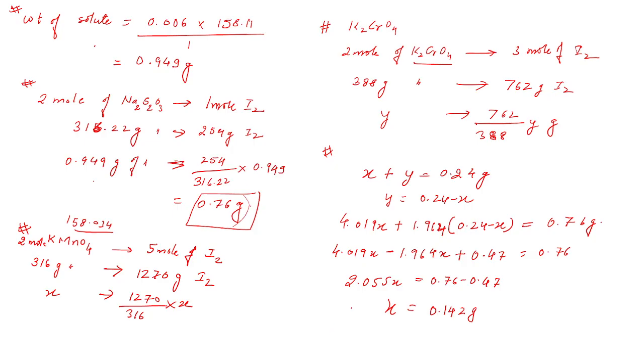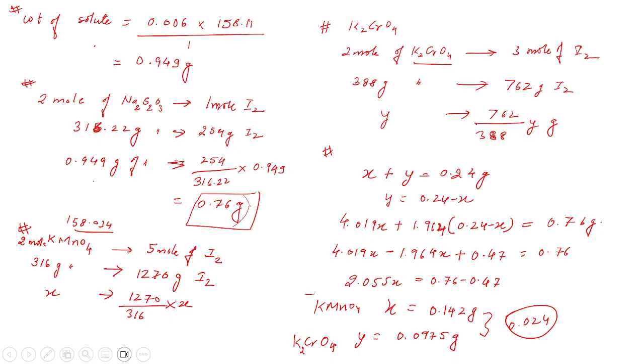Okay, and if you put it here y will give you 0.0975 gram. So if you add it you will find 0.24 gram, right? So from this we have known how much KMnO4 and how much K2CrO4 is there in the solution, but that is not the question.